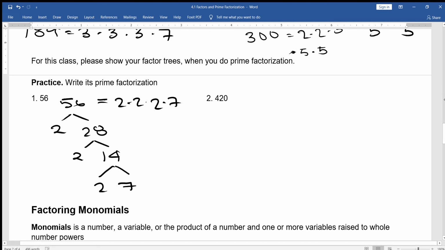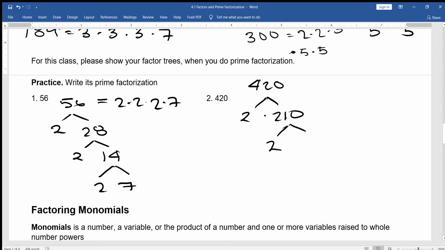How about 420? Did you guys get it already? Okay, let's try it. 2 times 210. 210 divided by, again, we'll start with the smallest prime number, 2, and you get 105. Now let's do 3, and you'll get 3 and 35.